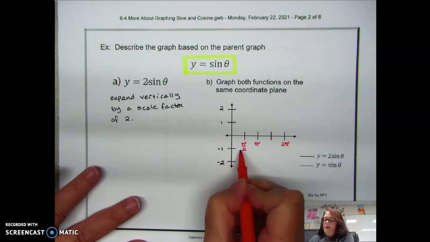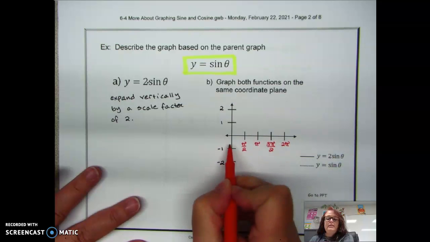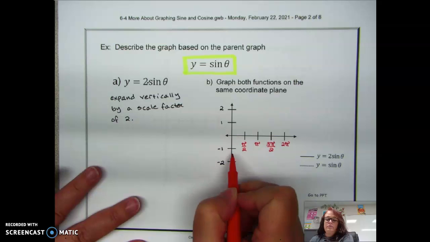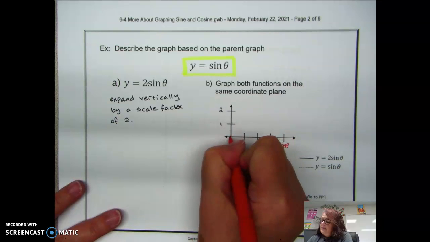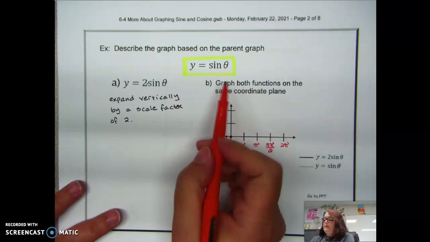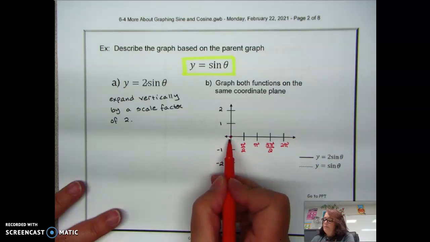So we get 1 pi over 2, 2 pi over 2, 3 pi over 2, and 4 pi over 2. So these are all the same numbers that we would have on our quadrants if I was graphing this as a unit circle type situation. The next thing we need to remember is the y-intercept for sine of theta was at 0. And if you don't believe me, you can type in sine of 0 in your calculator and you'll get a y value of 0.